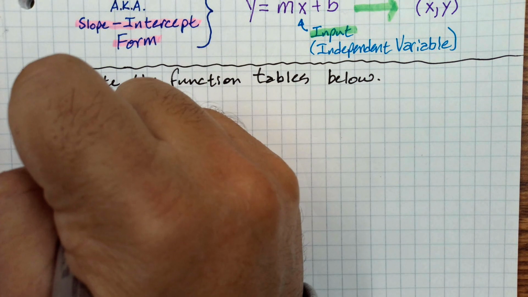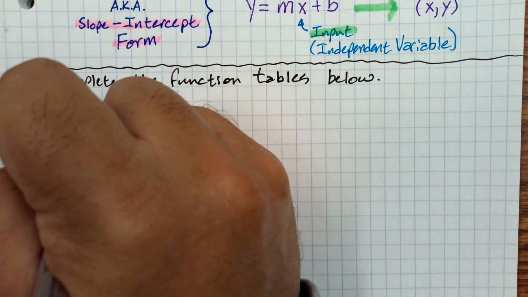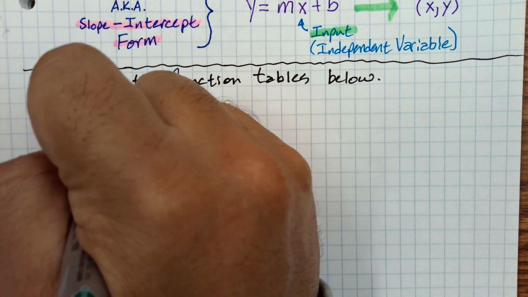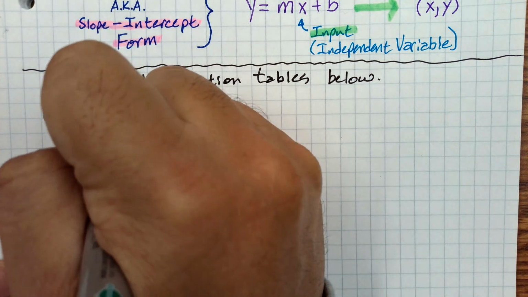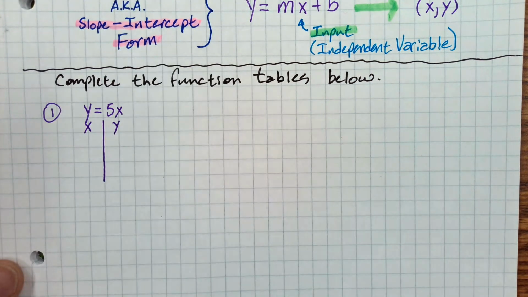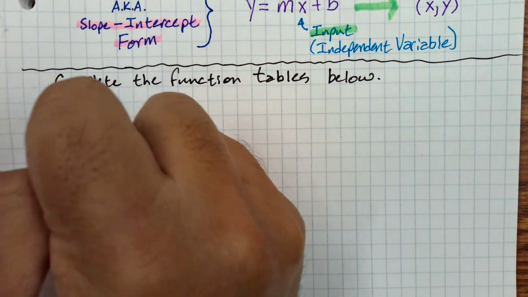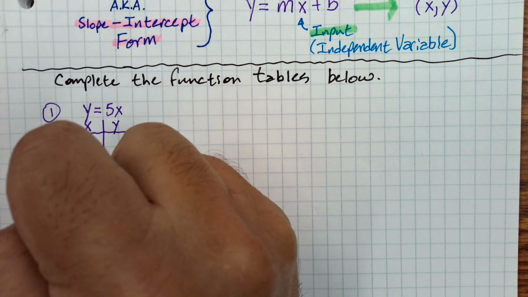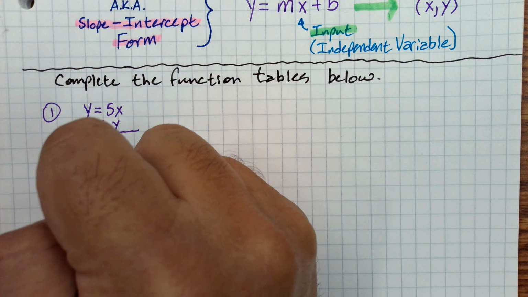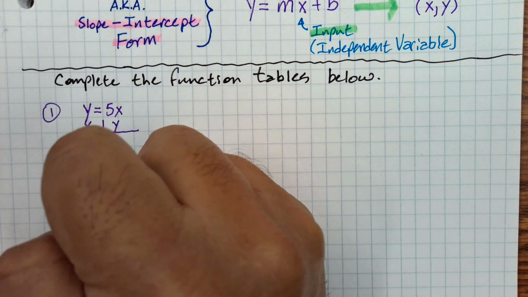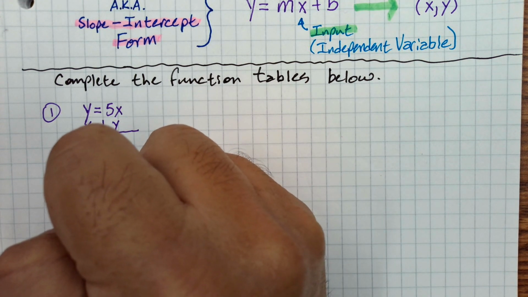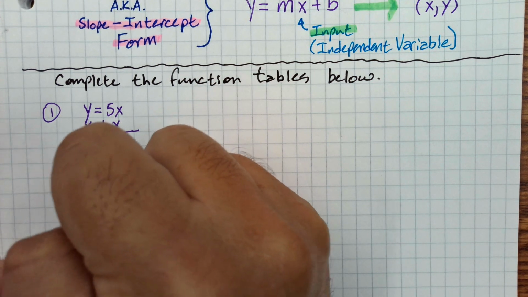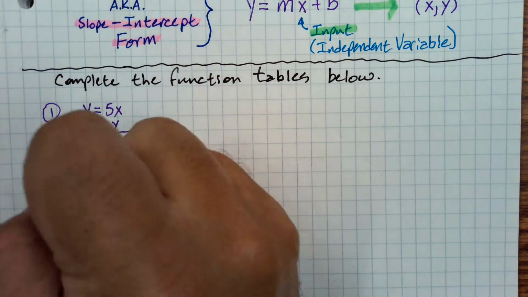All right, let's do this. Usually we have some inputs and some outputs. So we're going to have those. So I'll pick 0, 1, 2, and let's do 40 as an output.